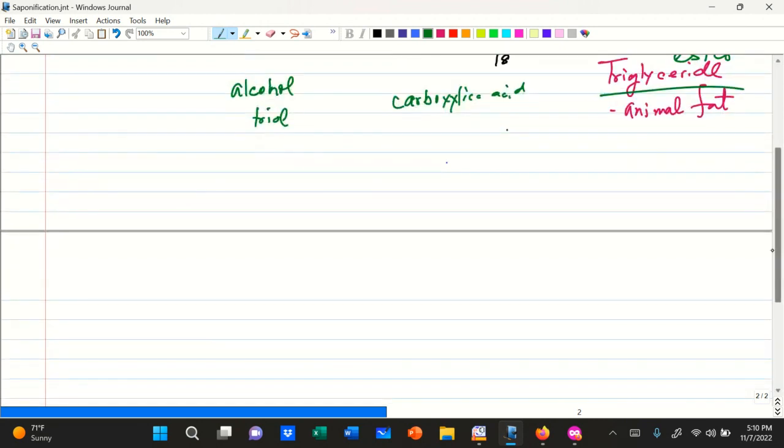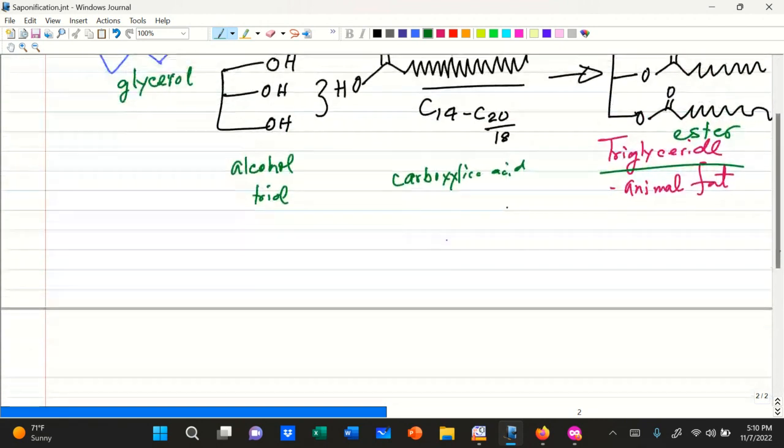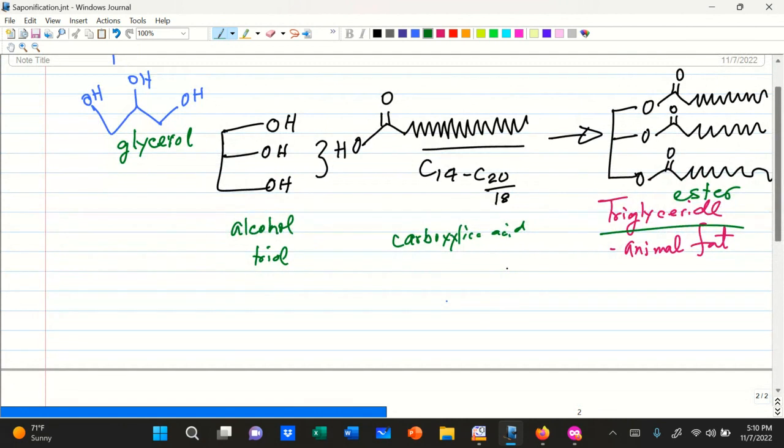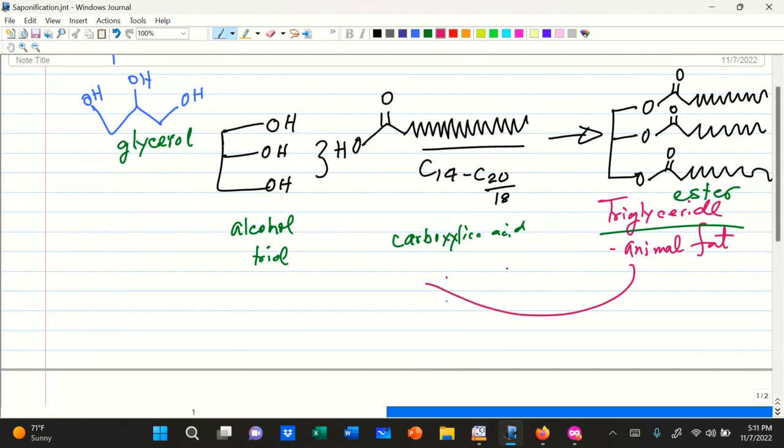And if you recall, last class I had also mentioned the opposite reaction is hydrolysis, meaning a triglyceride, if you hydrolyze, then you will just get the opposite thing, right? The reverse reaction is hydrolysis of ester, right? Which in this case, this ester is the fat molecule.